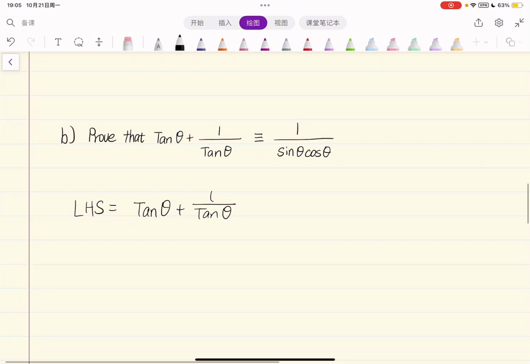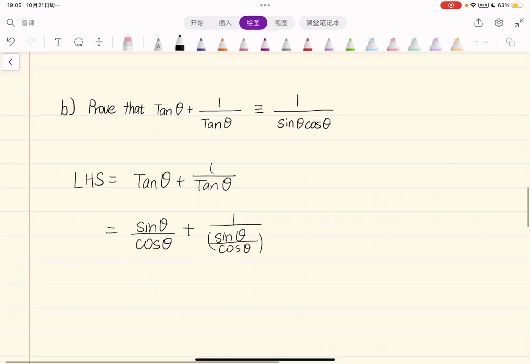Since tangent theta equals sine theta over cosine theta, we can write that, plus 1 over tangent theta, which means 1 over sine theta over cosine theta, equals sine theta over cosine theta plus cosine theta over sine theta.